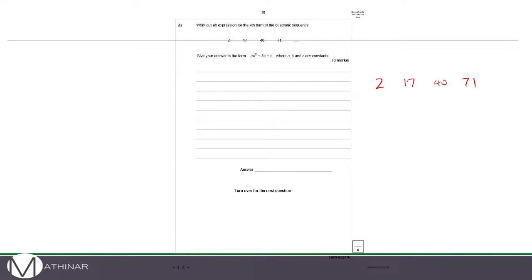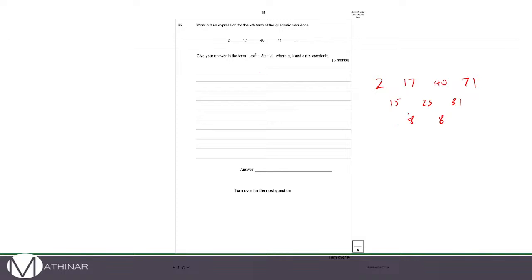So the first thing you do is you write down the sequence, you work out the common differences. So this will be 15, then that would be 23 and 31. And then you work out the differences of the differences, and that gives me 8 and 8. So because the second differences are the same, we know it's a quadratic sequence, so it's of this form.